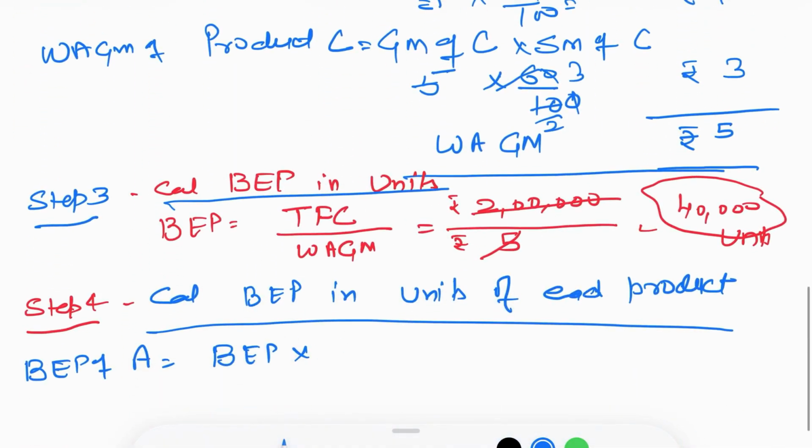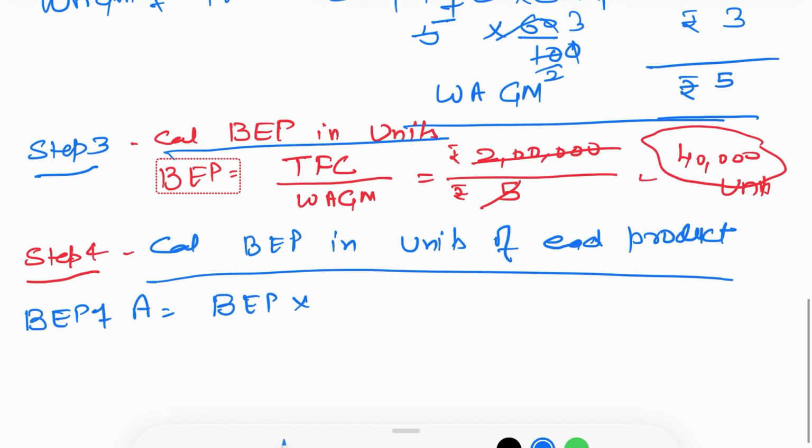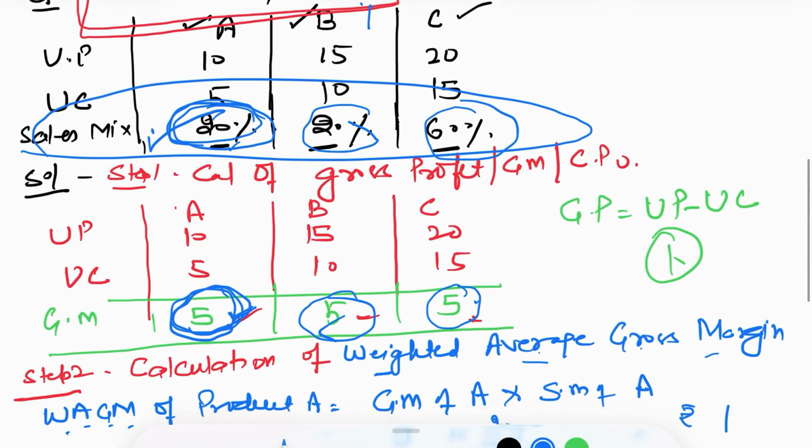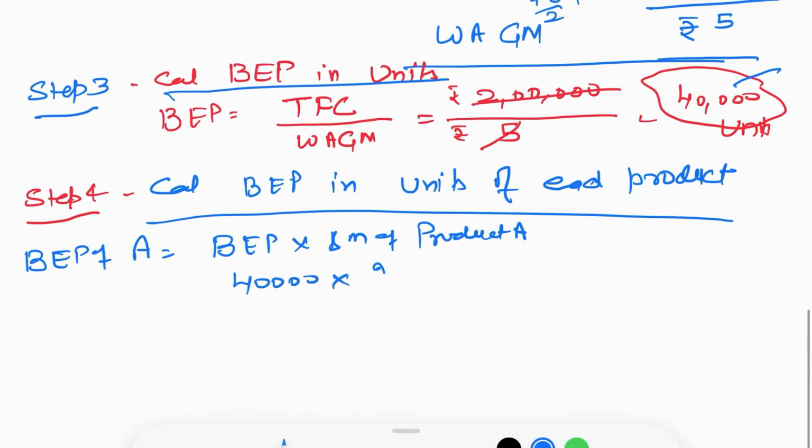Sales mix, you remember? The proportion in which various products are sold. How much of product A is selling? 20%. So break-even point multiplied by sales mix of product A. What is the break-even point? 40,000. This is multiplied by the sales mix of product A, 20%, given to you in the question. That is 8,000 units of product A.